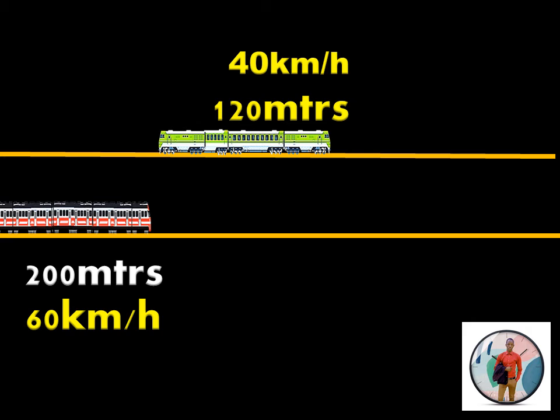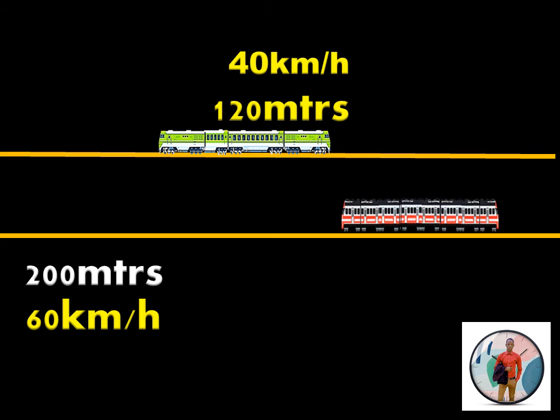So we have the green train, which is 120 meters and traveling at 40 kilometers per hour. And the red train is 200 meters long and is traveling at 60 kilometers per hour.